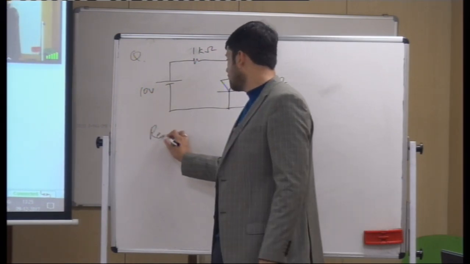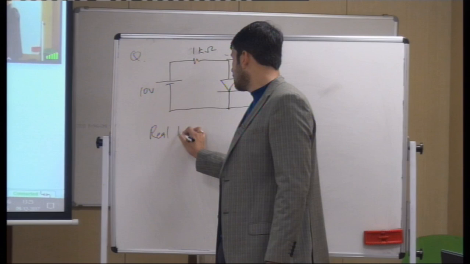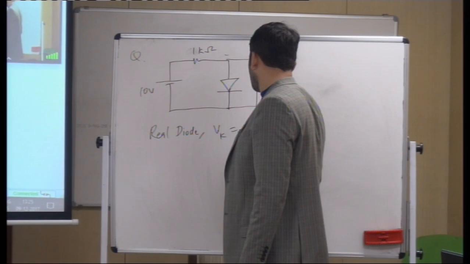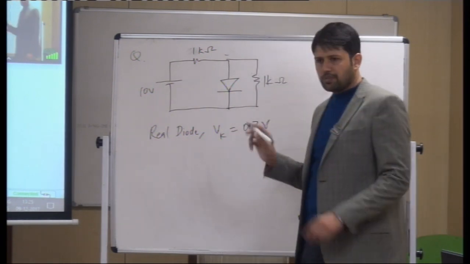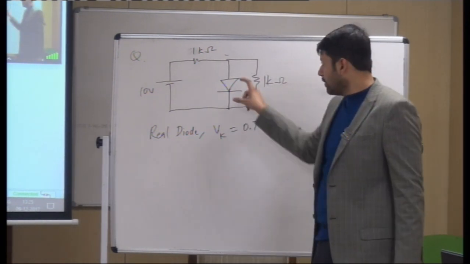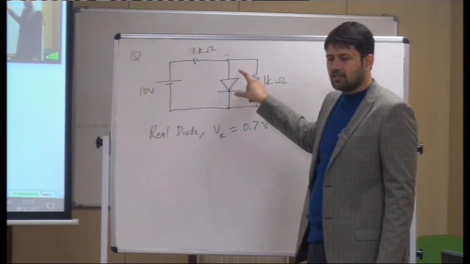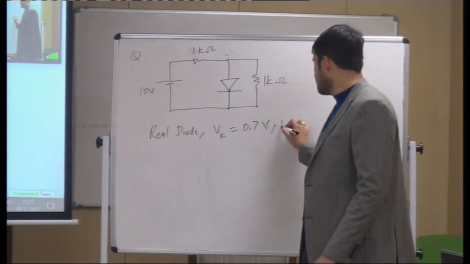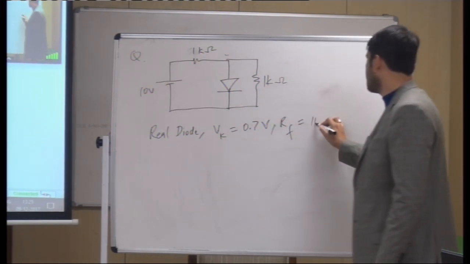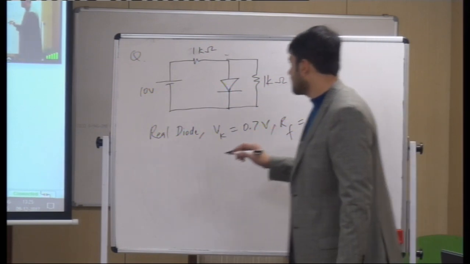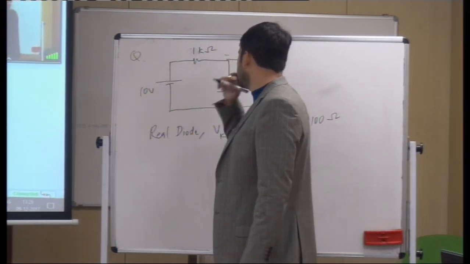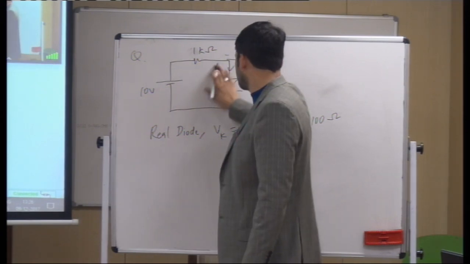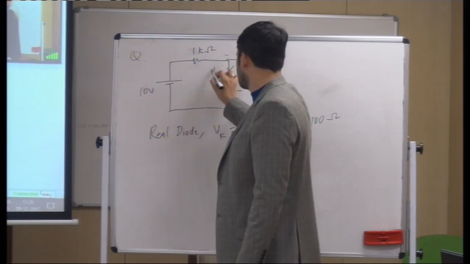This is a real diode, for which knee voltage is 0.7 volt, which means it needs 0.7 volts at least for current to flow, right? And the forward resistance of the diode is 100 ohms. So the question asks, tell me the current through the diode, ID.